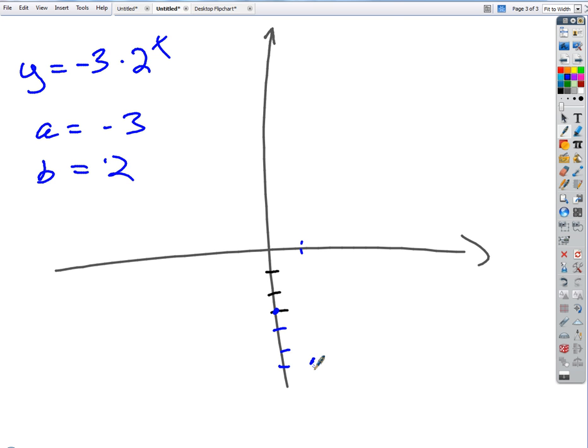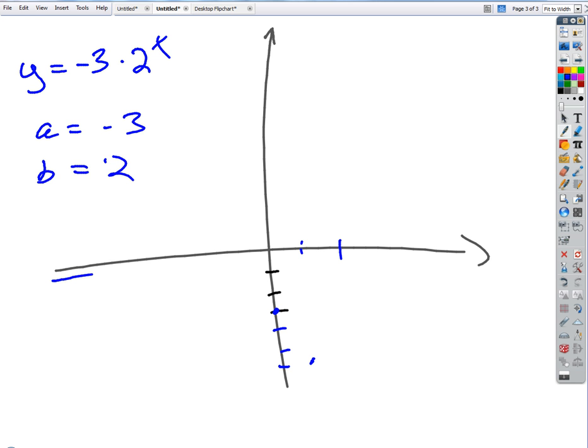So it's right there. If I go 1 more to the right, I get -3 times 2 squared, -12, so it's way down here somewhere. See how that works? All we've done is just flip it over the x-axis. And then to make it go the other way, you do like -1/3 or something. Yeah, exactly.